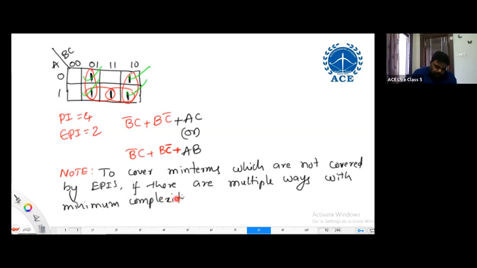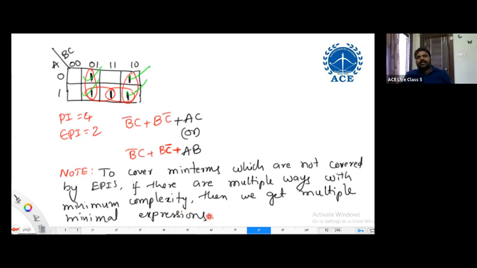With the minimum complexity, then we get multiple minimal expressions. I think I did what I wanted to cover.